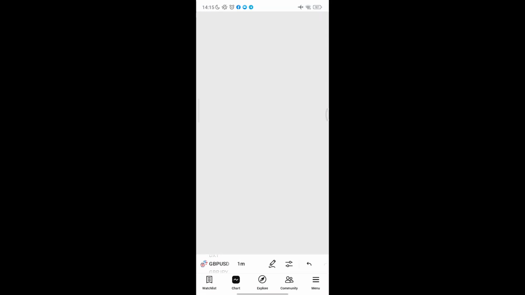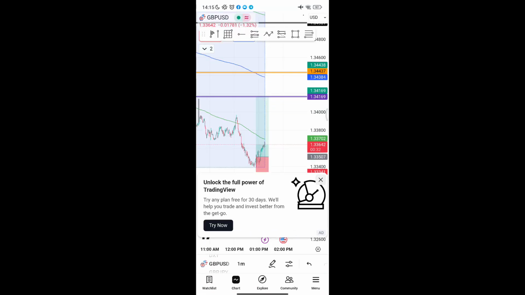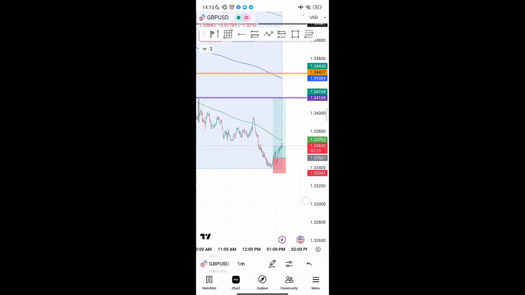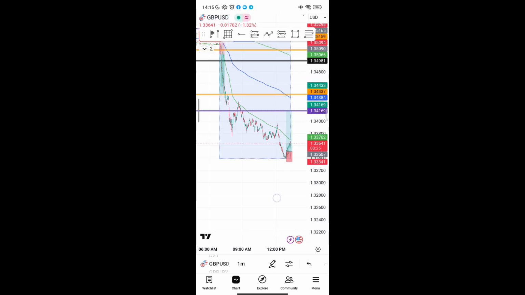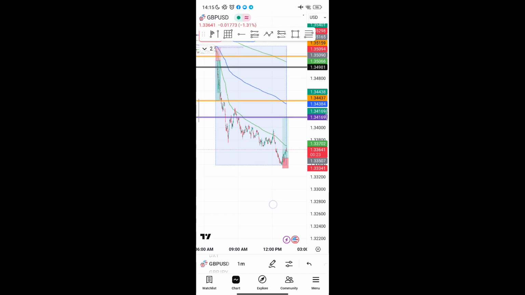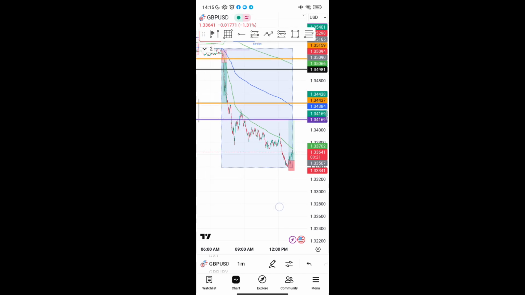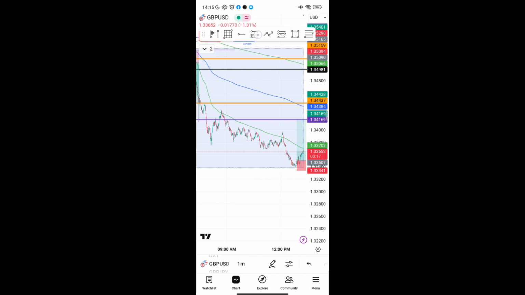So initially I entered this trade earlier today, so I think I still have a screenshot or a video I did earlier on. I entered this trade around this zone here, because when I saw this sweep of liquidity and price did this, I entered a trade around this level.